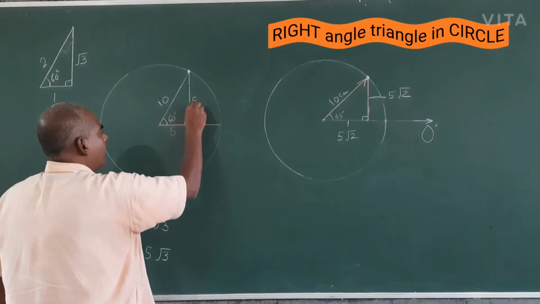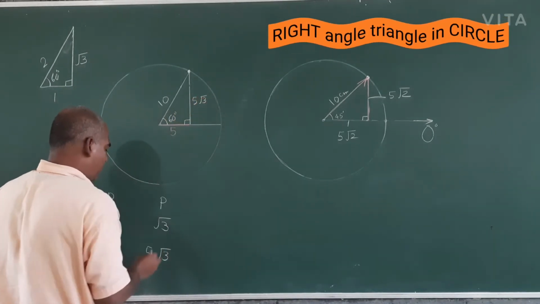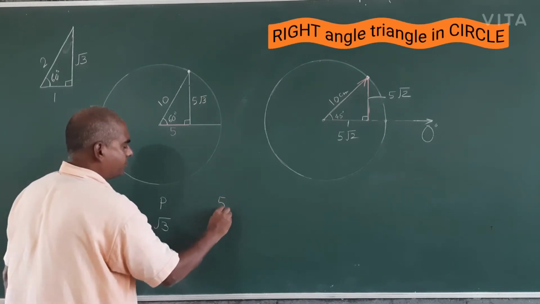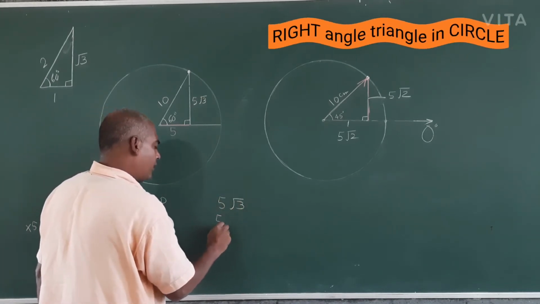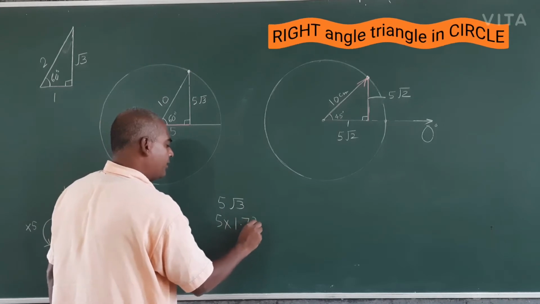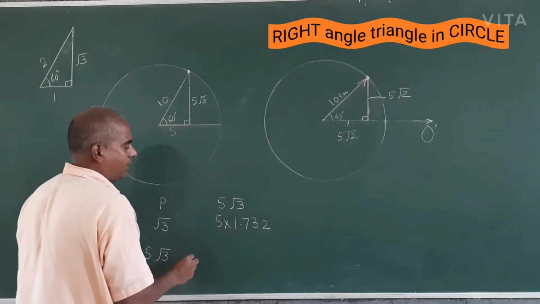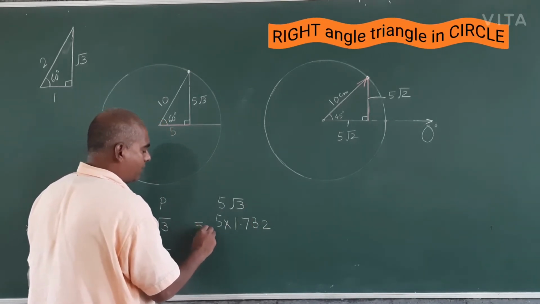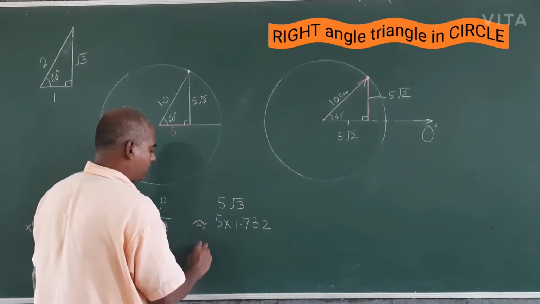5 root 3 is 8.66, since root 3 is 1.7321 like that. So when you measure, it will be approximate.